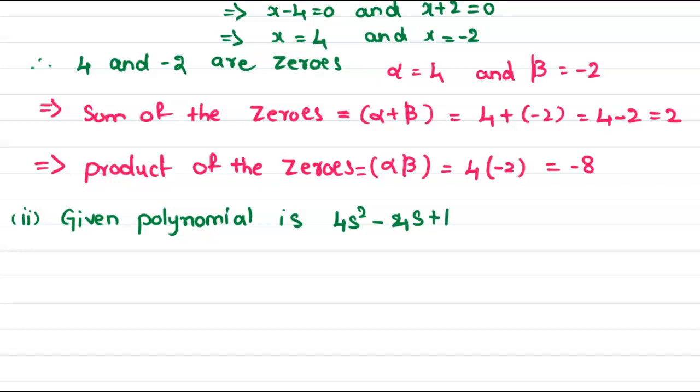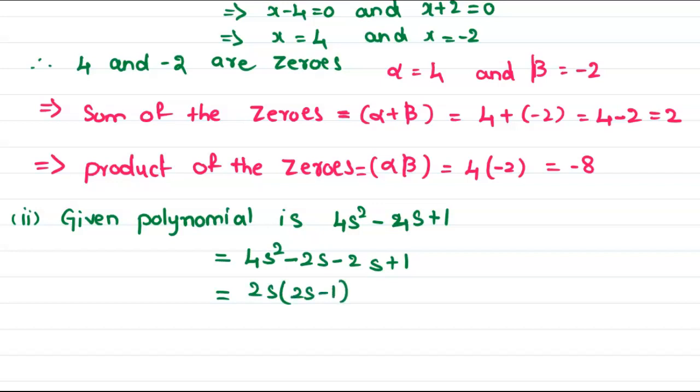That implies 4s square, and here also we write minus 4s as minus 2s minus 2s plus 1. Now the next step is to take out the common terms. In these two terms we take out the common 2s, then we get 2s minus 1.